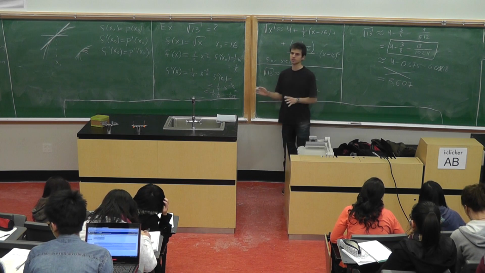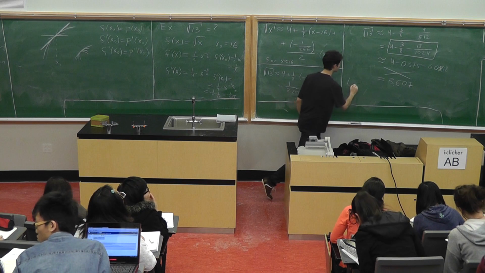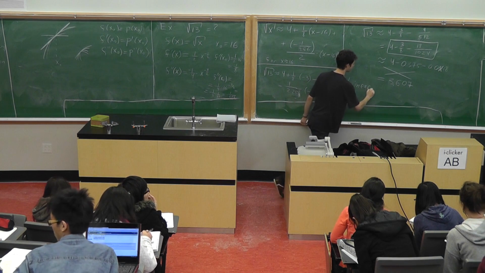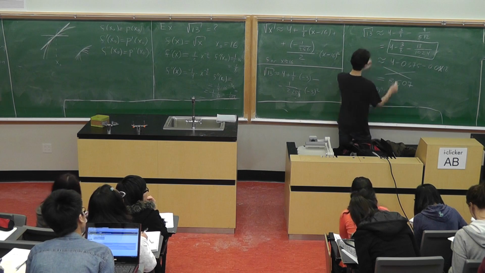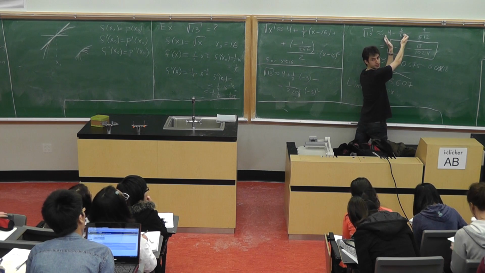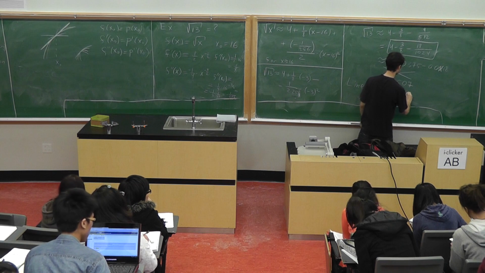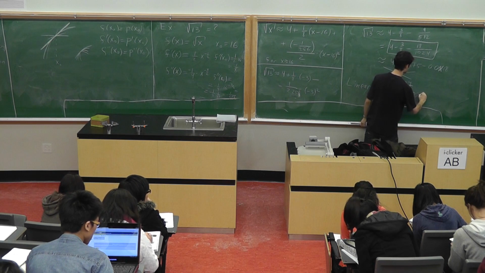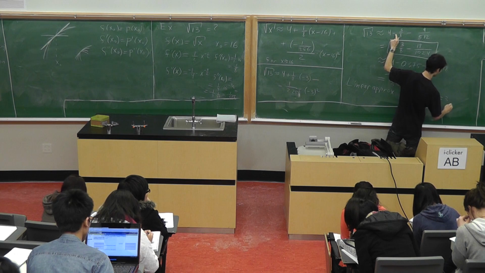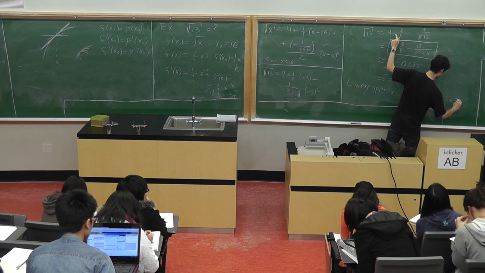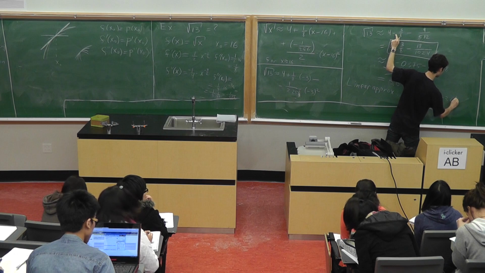Let me just say, a linear approximation to this would be just these first two terms. It would be square root of 13 is approximately 4 minus 3 over 8, which is 3.625.